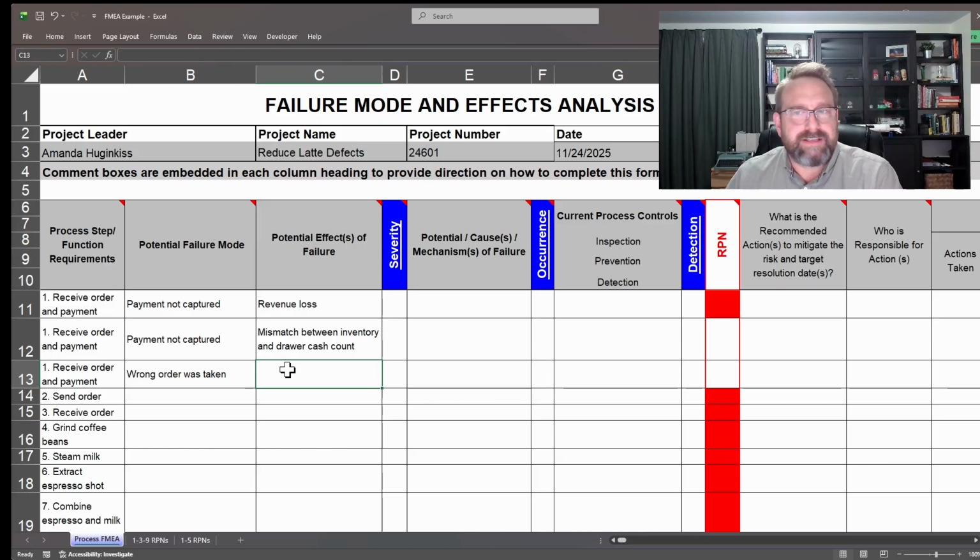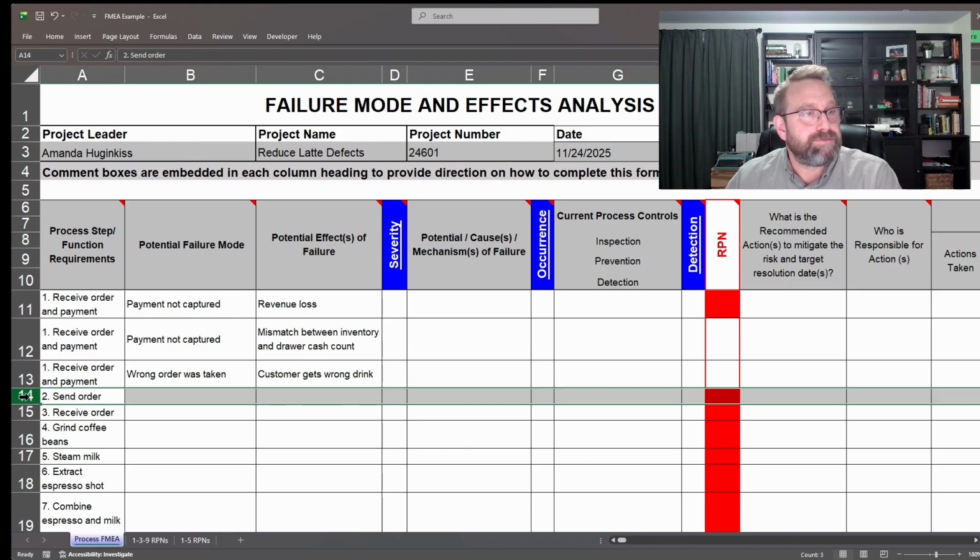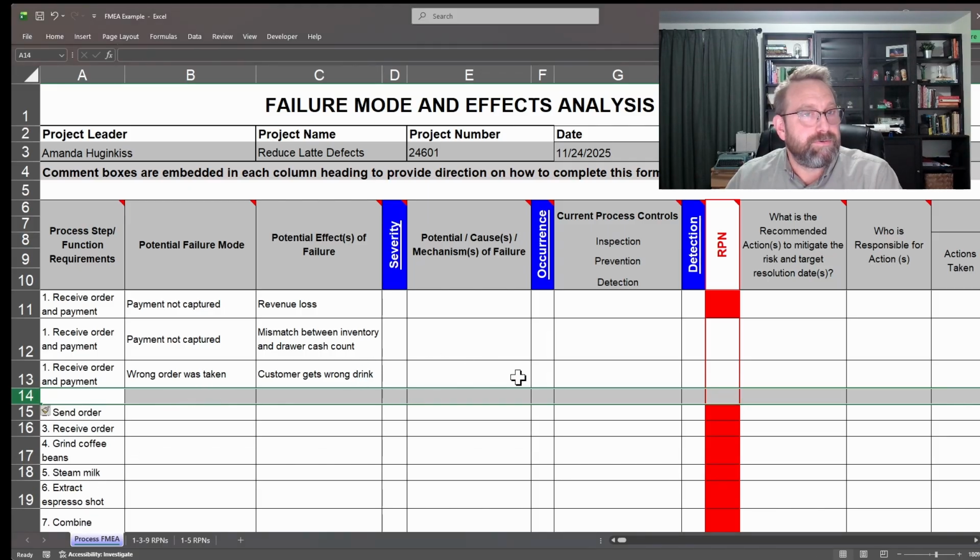So what's the effect of that? Well, the customer gets the wrong drink. Maybe a good example here would be the customer ordered a decaf. Maybe the customer ordered something that did not have cow's milk in it, and instead they got cow's milk. So we'll get to the effects.